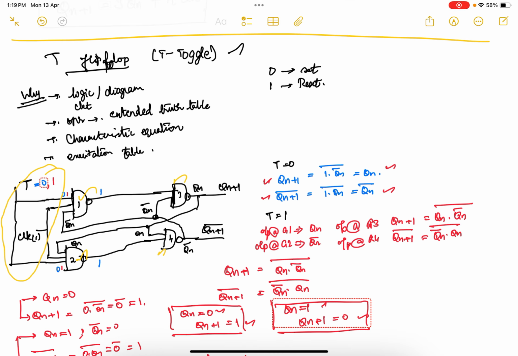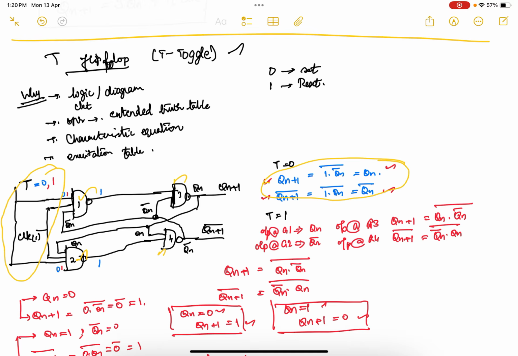So now for the input as 0, I am getting my output at gate number 1 as 1 and gate number 2 also as 1. So this 1 and 1 will be feeding over here, and I have explained this point, you are getting this structure. Okay, but when t equal to 1, what will happen?